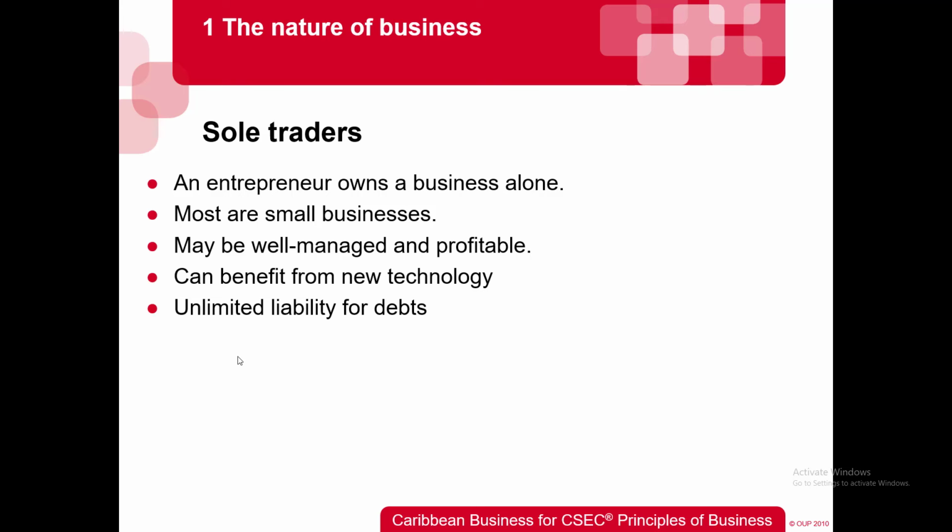If the owner is John Saunders, then John Saunders is the one going for the loan to start his Flashy Barbershop business. So what this means is that if the barbershop goes under, they don't make the money, start making losses, and it fails, now John Saunders is on the hook for all the money that he borrowed. So that's what they're talking about when they say unlimited liability for debt.